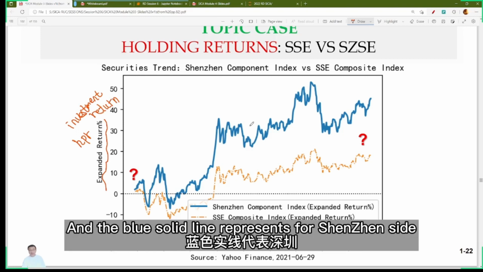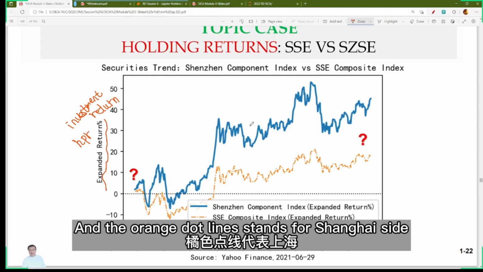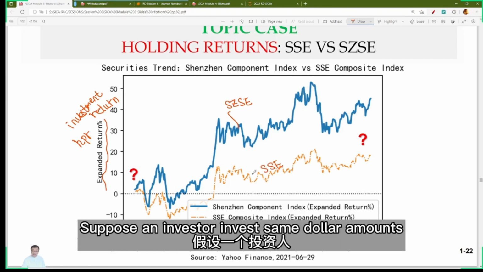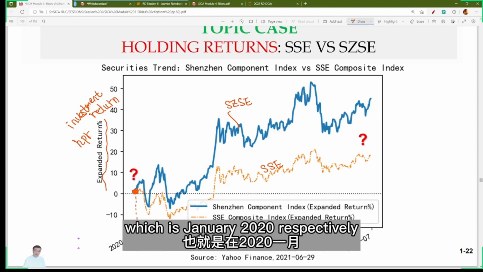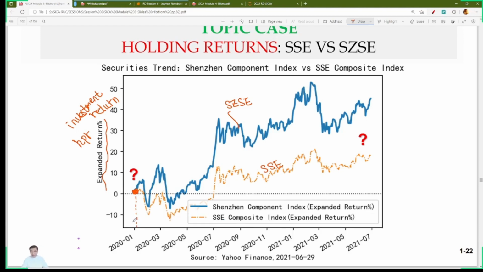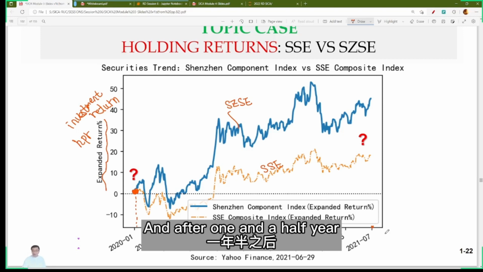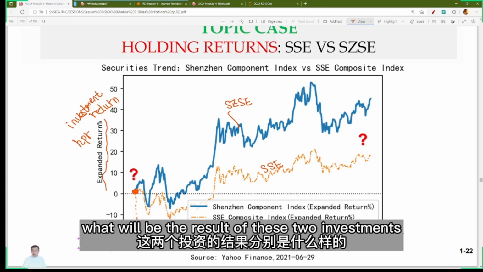And the blue solid line represents the Shenzhen side, and the orange dotted line stands for Shanghai. Suppose an investor invests the same dollar amounts in the Shanghai Stock Exchange and Shenzhen Stock Exchange at the same time, which is January 2020, respectively. And after 1.5 years, what will be the results of these two investments?